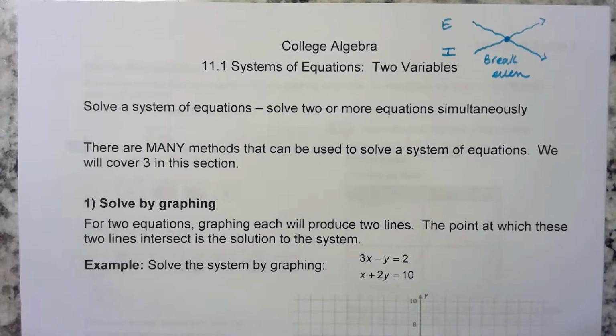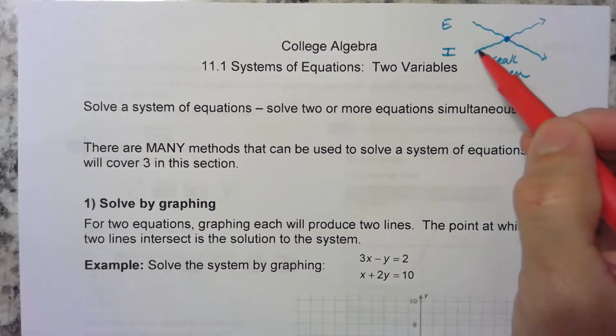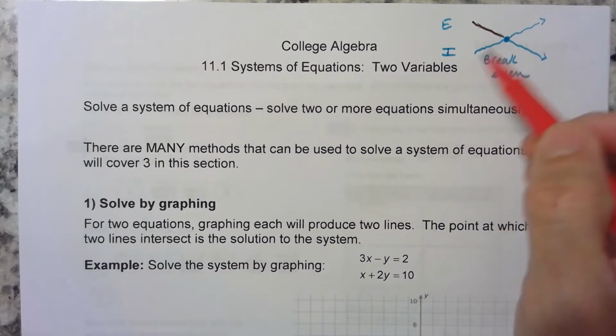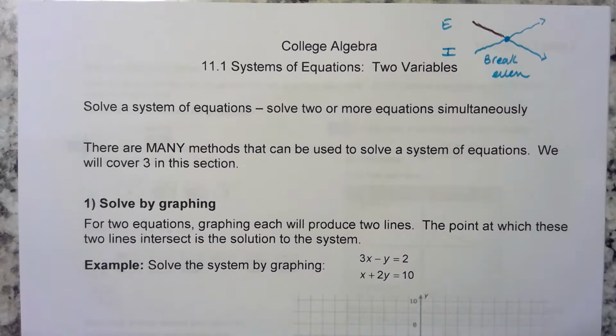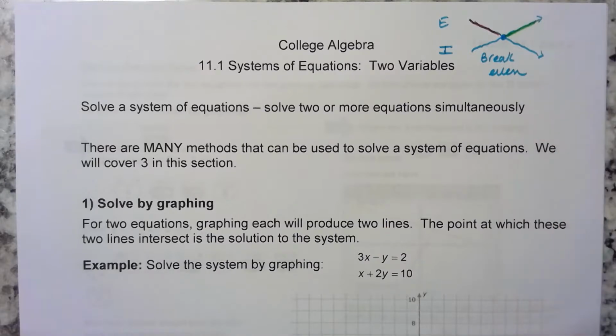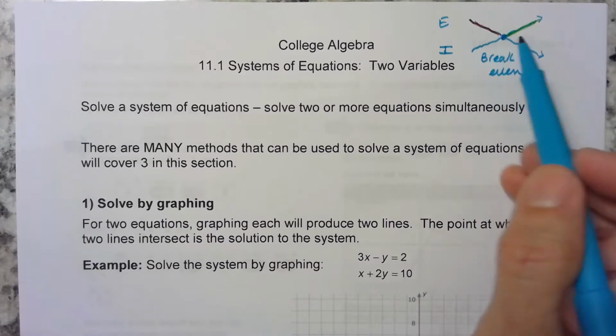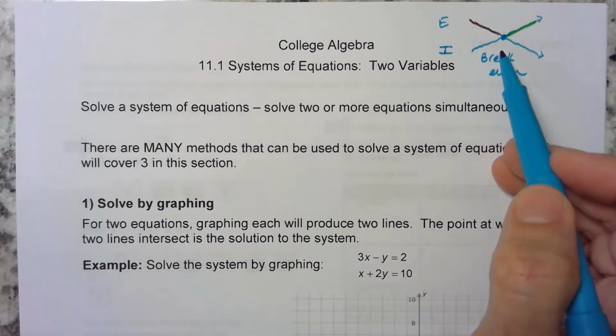So before the break-even point, you're kind of operating in the red, right? Your expenses are higher than your income. But once you get to that break-even point, after that, we hope that your income is higher than your expenses. That break-even point is what we would call the solution to this particular system of equations.